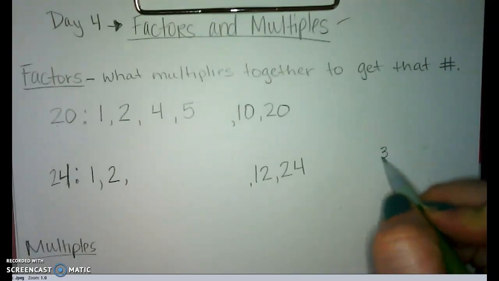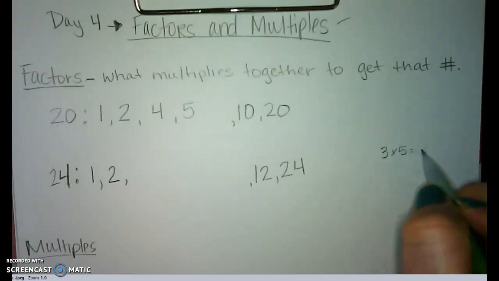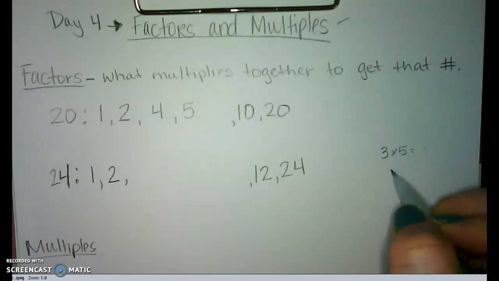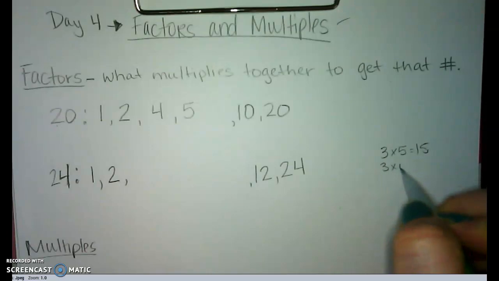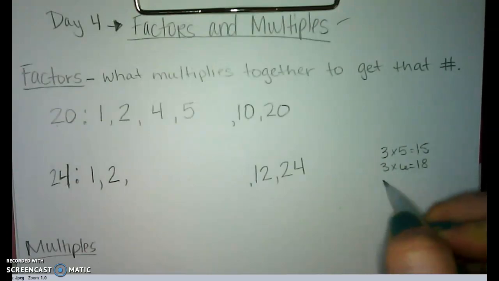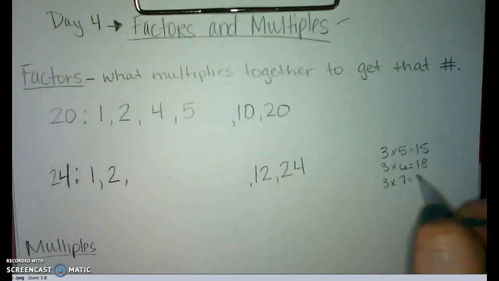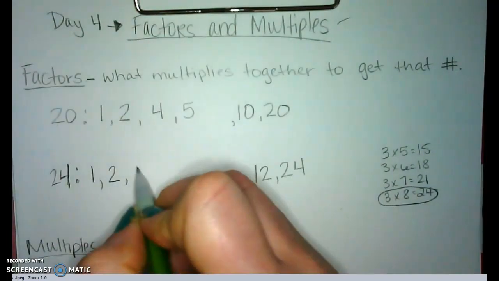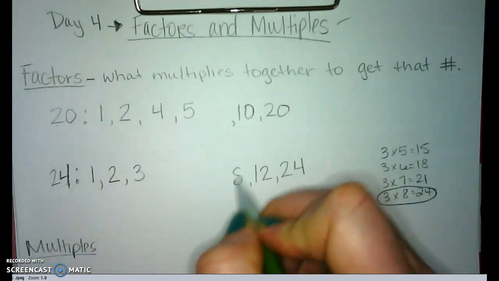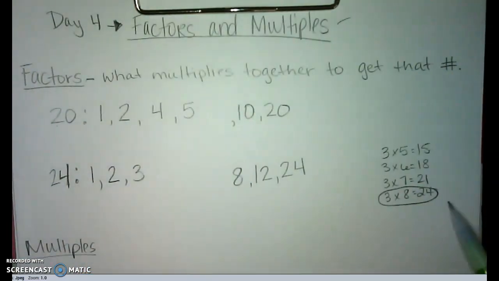So I would probably start at 5, right? 3 times 5, and I know that is 15. 3 times 6 equals 18. 3 times 7, 21. 3 times 8, 24. Okay, so it does go into it. So I know 3 and 8. Remember, this is only if you don't know your facts.